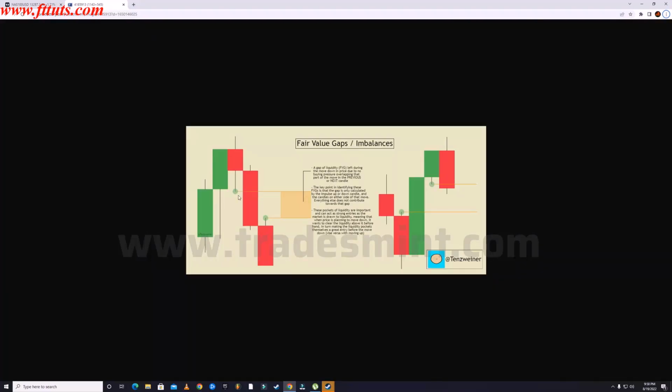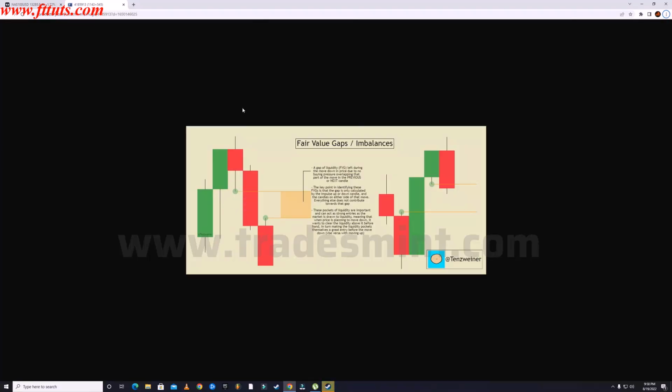I will repeat. You can see that price went up and then we had three candles. So this is like a three candle pattern, you could say. You can see 1, 2, 3, three candles, and in between those three candles there should be a gap. So how do we determine a gap?